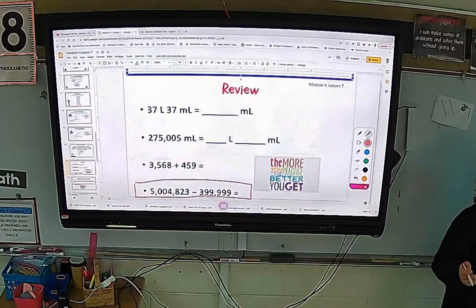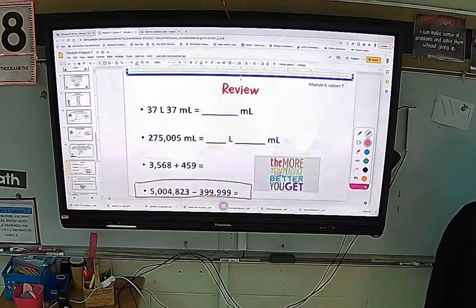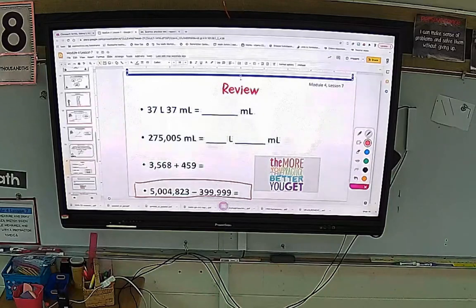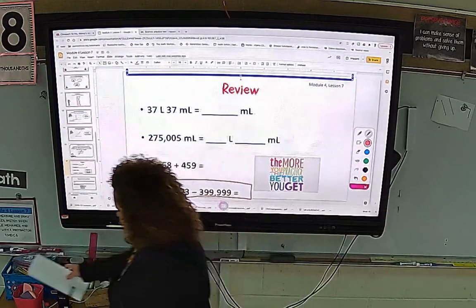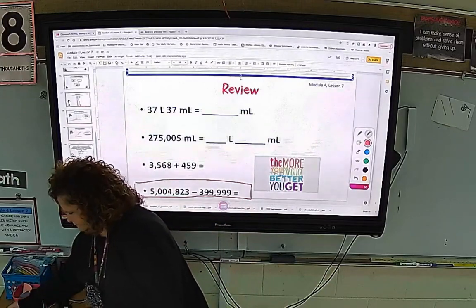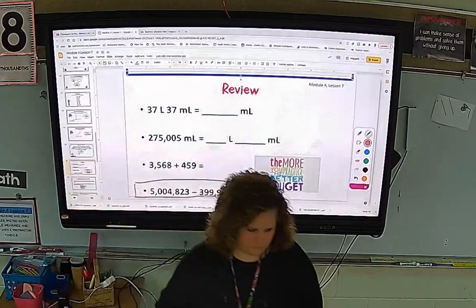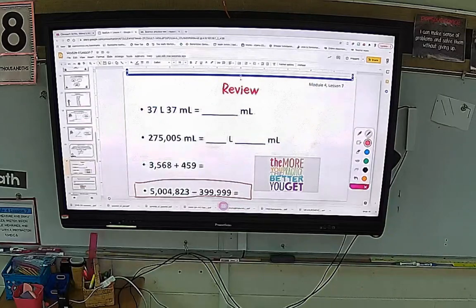But one of the main things you need to do first is make sure you've copied it down correctly. Okay. Remember how lining up decimal problems is important? It's just as important on a problem like this.